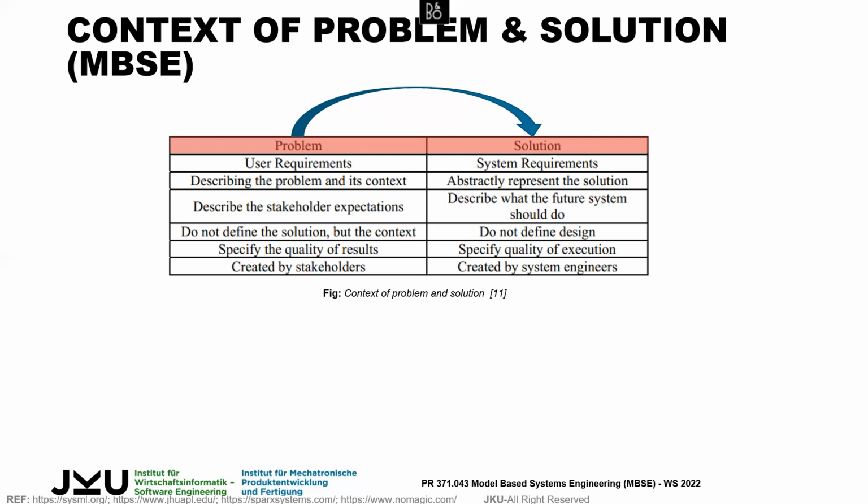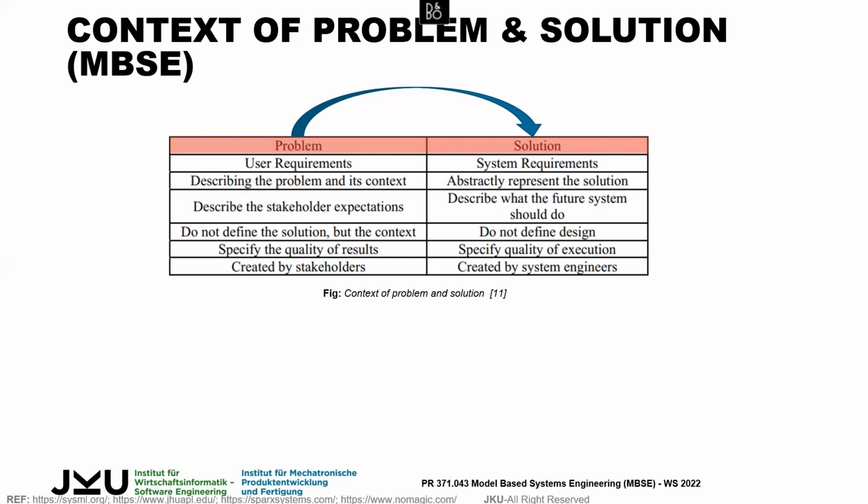Okay, then do not define the solution, but the context. Sabina also told you some time back about the context of the problem. To make your fellow engineers understand, you have to understand the context, like based on which context you are making your model. That also needs to be defined.